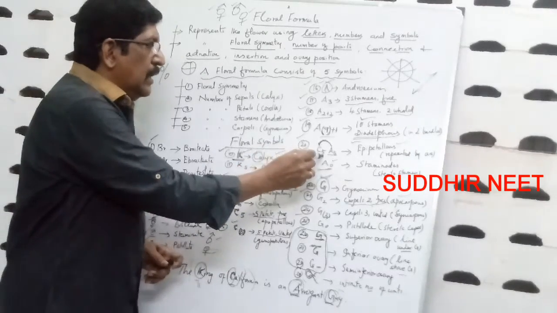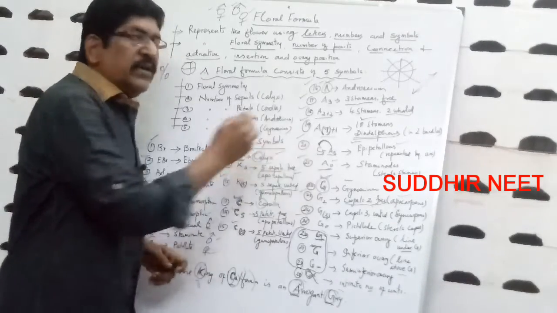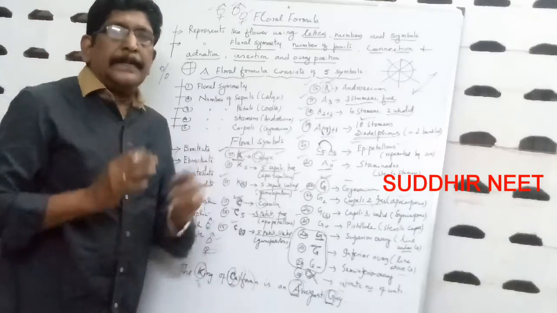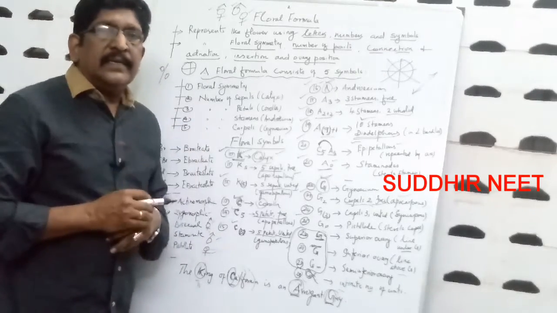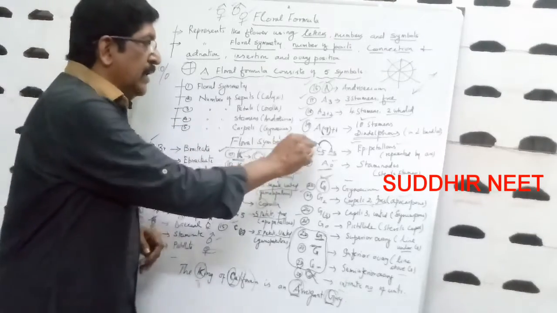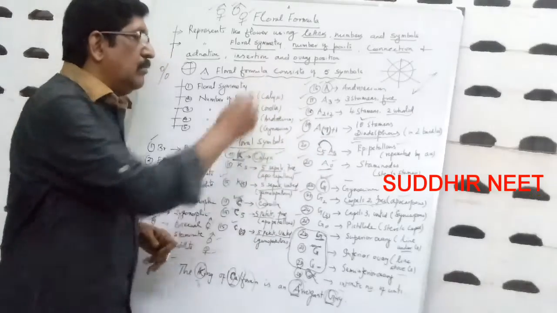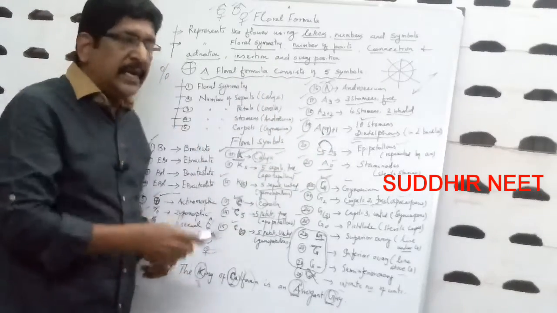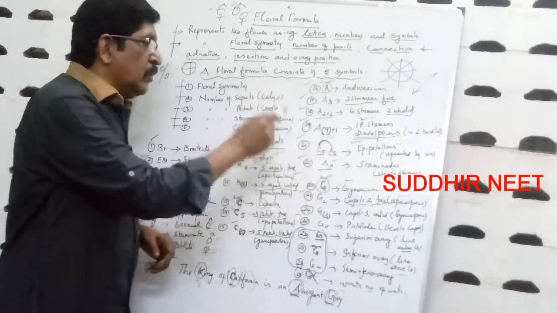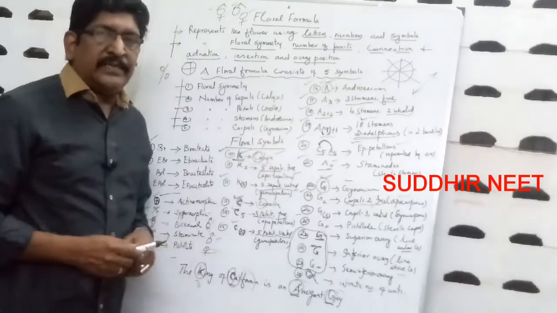The next, if 2 different whorls are united, then they are represented by an arc. They are united by an arc. Here, corolla and androecium are united.